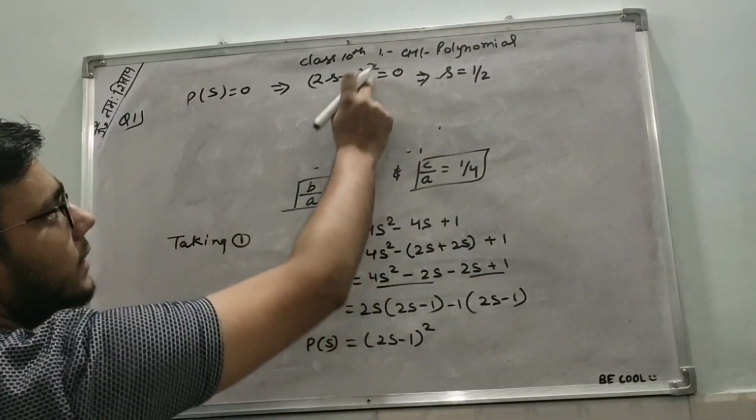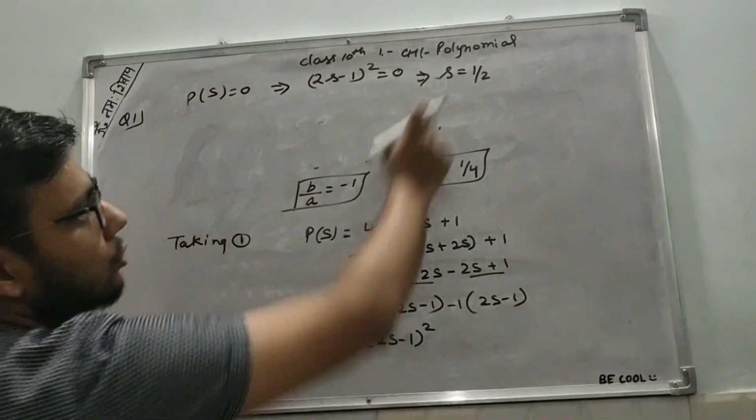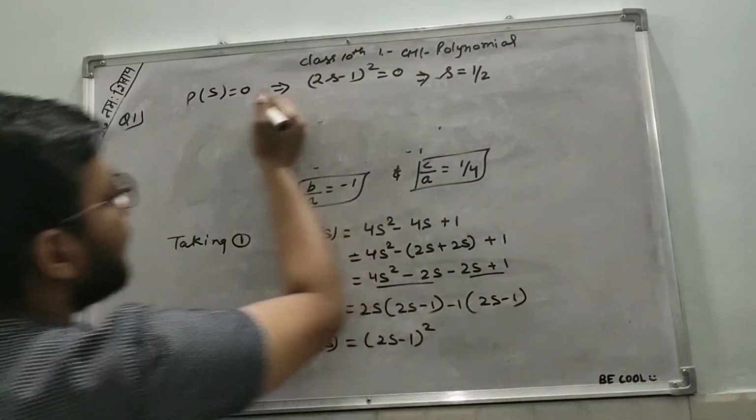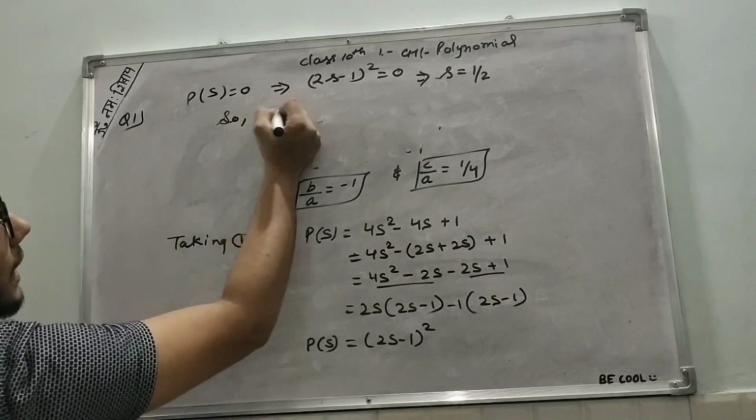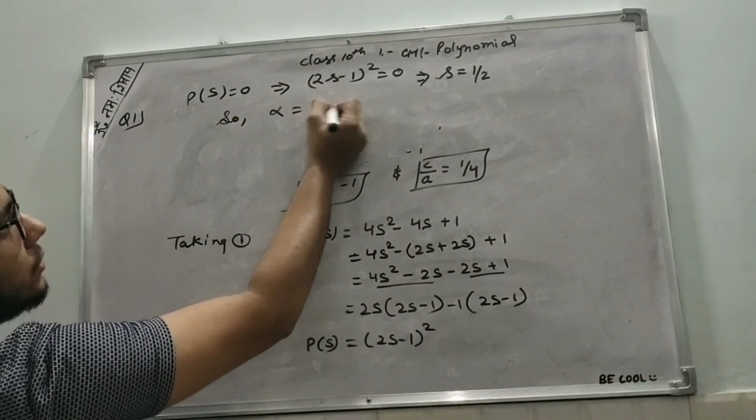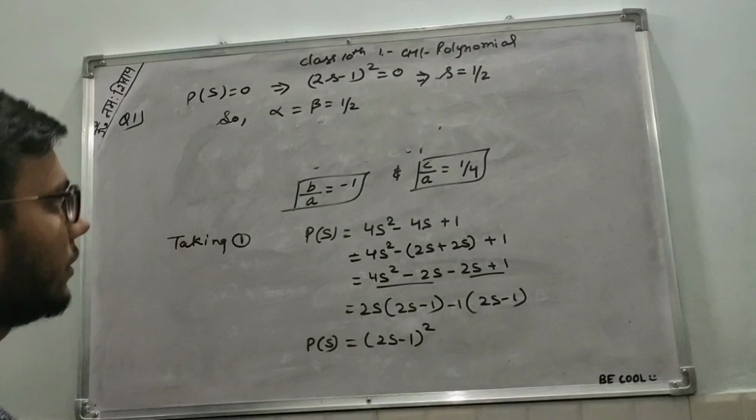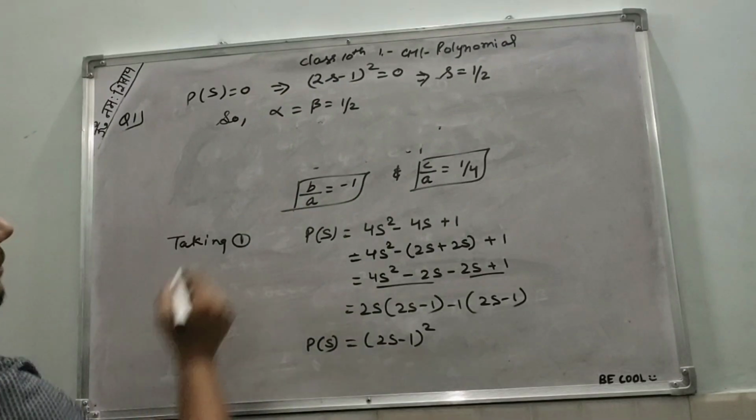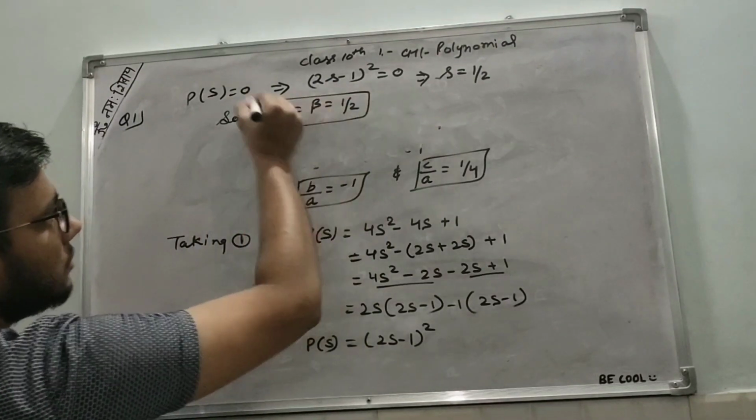Now see, this has a degree of 2, that is roots are repeated. So alpha is equal to beta is equal to 1 by 2. These are the zeros.